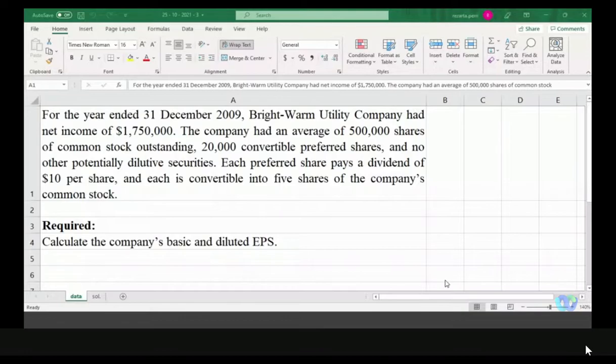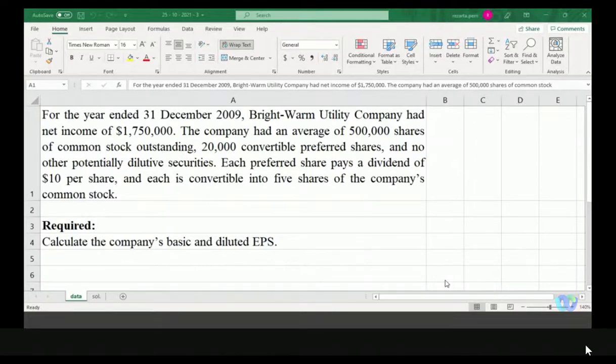I think that you have in your screens right now the data, the information. This last example relates to the calculation of diluted earnings per share. So this is not the case when I issue any rights or any bonus or stock dividends, but when since the beginning of the period, the company may have outstanding or in issue in circulation what we know as potentially ordinary shares.